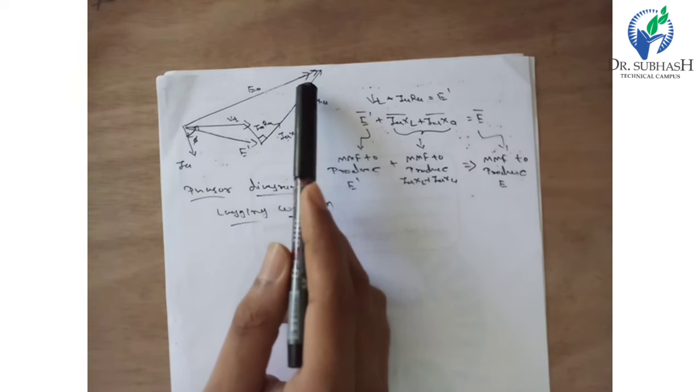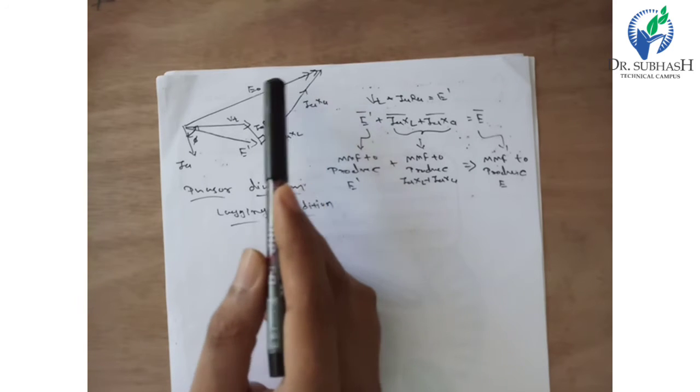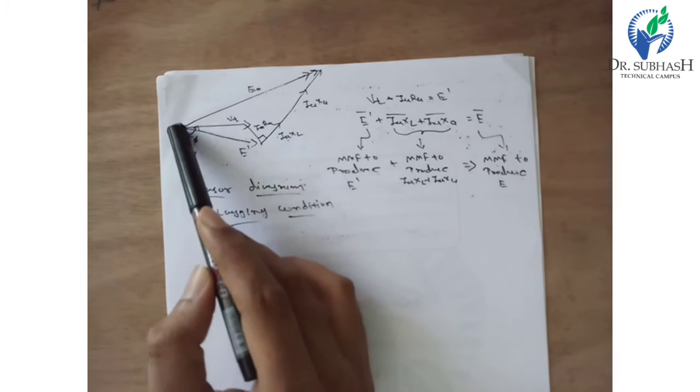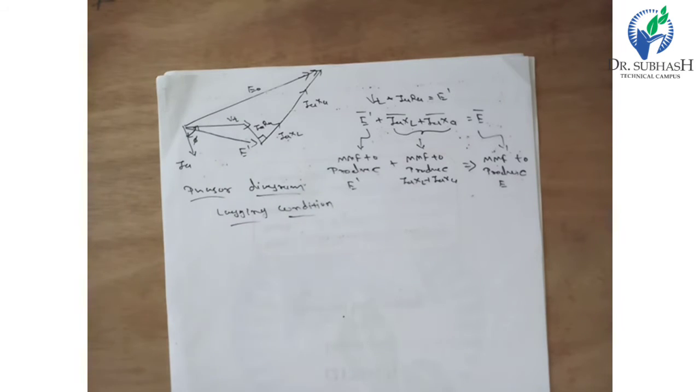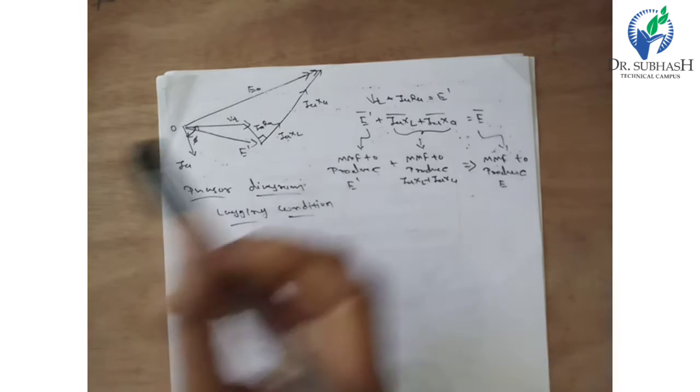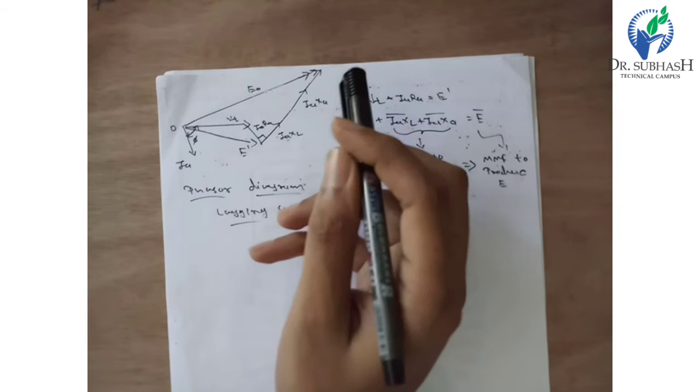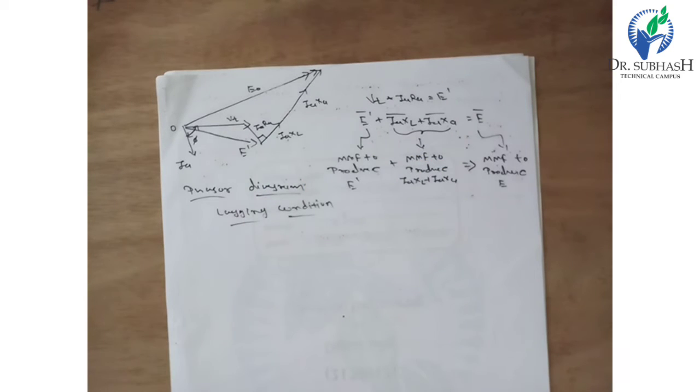The magnitude of the field current required to produce E dash or E gives the resultant. The EMF produced due to electromagnetic induction lags the flux by 90 degrees, as in a transformer. Thus the MMF required to produce E dash is plotted.